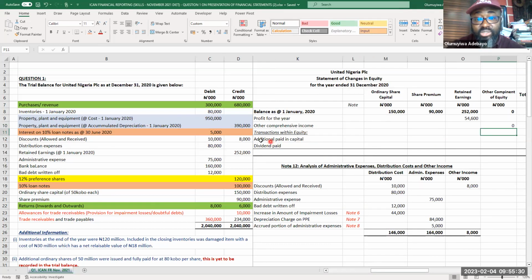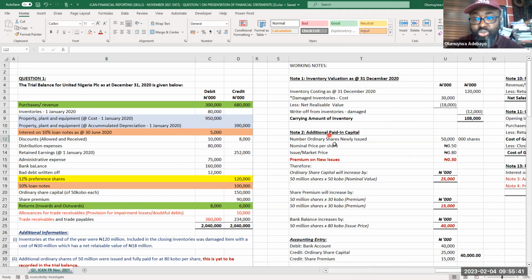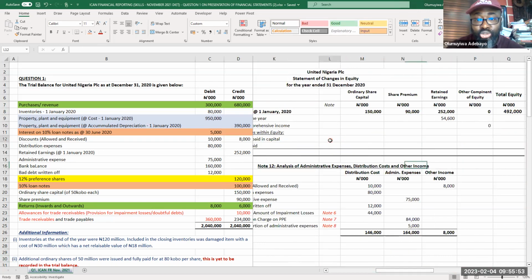Now, transaction with equity, there was additional paid-in capital. If you remember, notes, what note was that? Note 2, as you can see it here. Therefore, our share capital increased by 25, which is this, and share premium increased by 15, which is this. Therefore, we'll come here, we'll make reference to note 2.